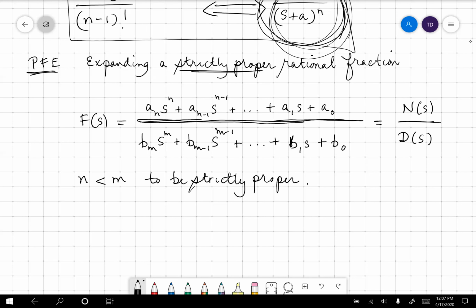The other thing we said is, we don't like that denominator at all because we like the lead coefficient to be 1. So we can factor out a b sub m. I know this is going to look a little ugly, but don't worry about it.